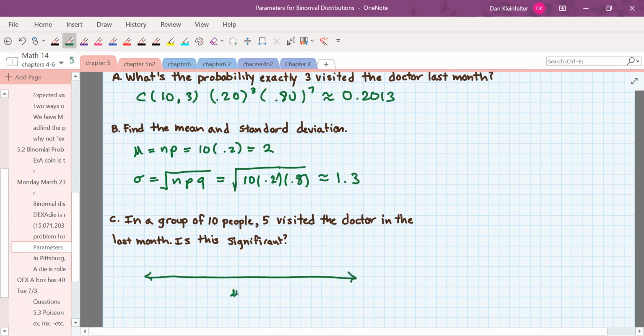The mean was 2. Mean plus 2 standard deviations will be 2 plus 2.6, which is 4.6. We could go mean minus 2 standard deviations, but that's not relevant for this question. 4.6 people would be the outer limit of what you would consider non-significant. So having 5 people visit the doctor is significant. It's more than 2 standard deviations above the mean.